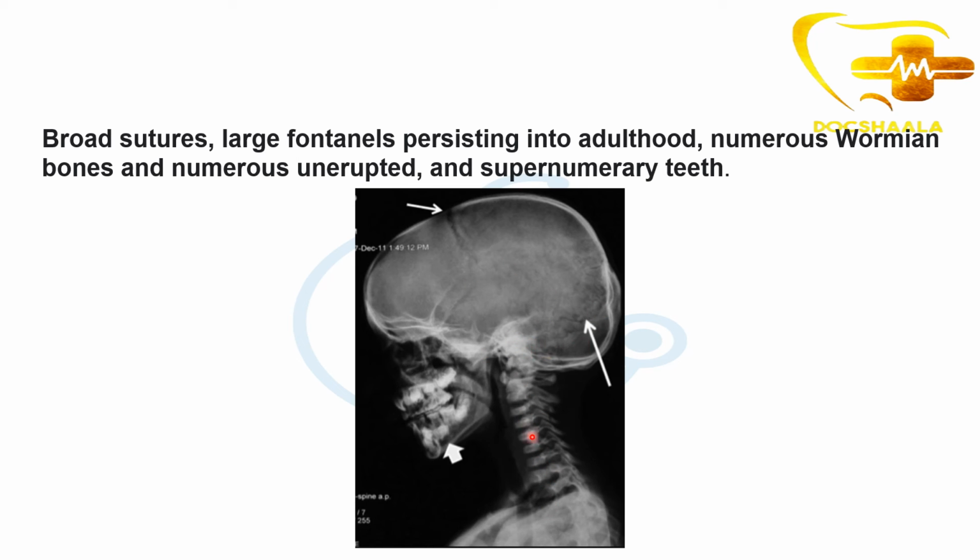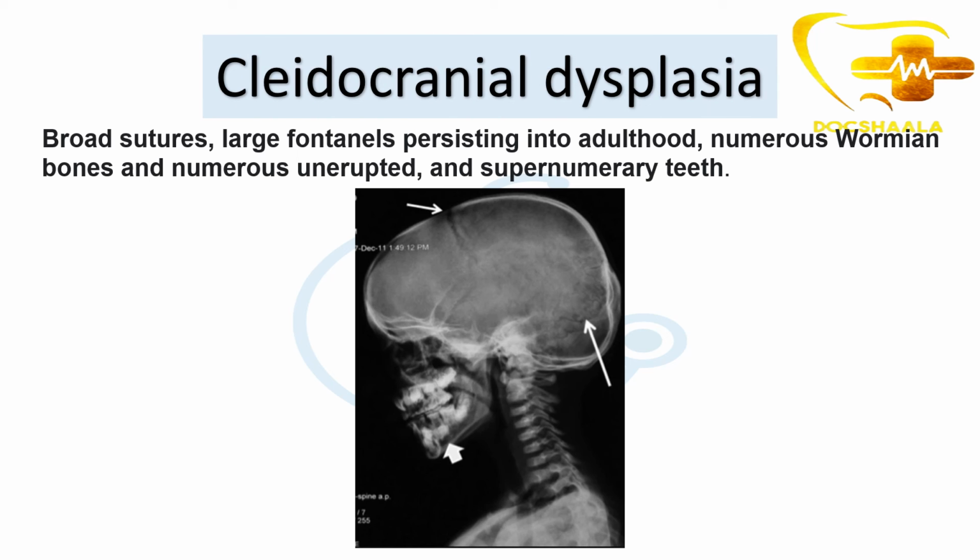You can see that from the vertebrae and also from the growth of the jaw. Then numerous Wormian bones and numerous unerupted and supernumerary teeth are seen. These are the only teeth that have been erupted, but there are unerupted teeth over here and over here also. So what is this? This is nothing but cleidocranial dysplasia.